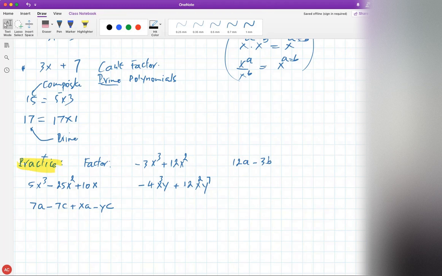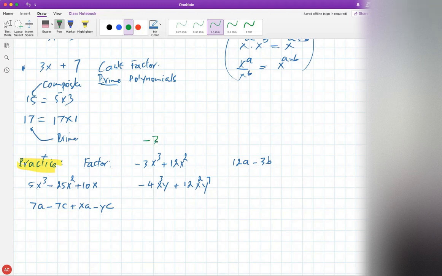Okay, everyone, so let's go over these problems together. The first one here, what is the common factor? I got negative 3x times parentheses x squared minus 4x.